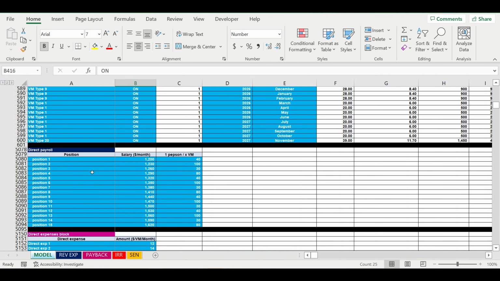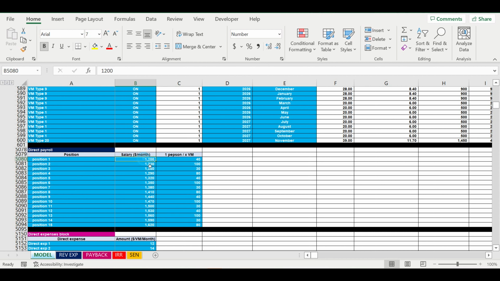Then we describe direct payroll. Here we specify the salary of a person, and then we specify the amount of vending machines per one person.